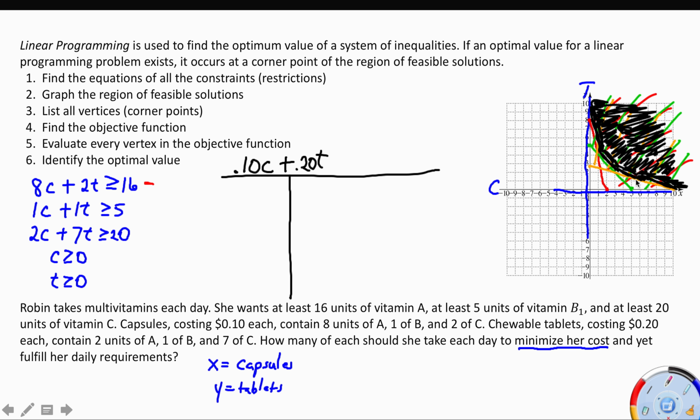Now, we've got kind of a mess over here. Let me go in and see if I can find our corners. All right, here's one corner. All right, so this is at 0, 8. All right, here's one corner.